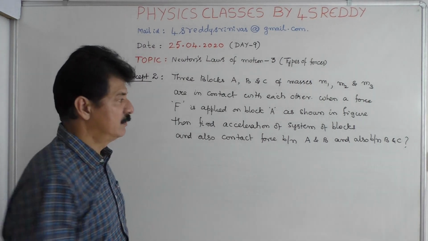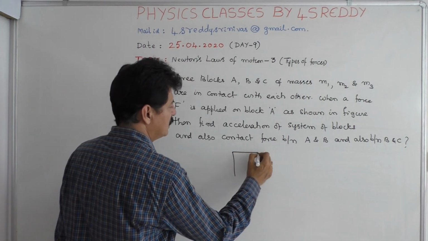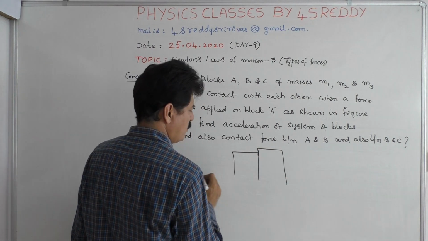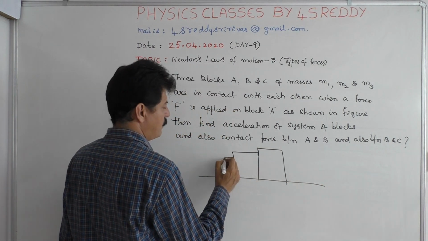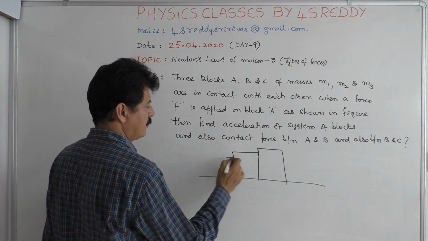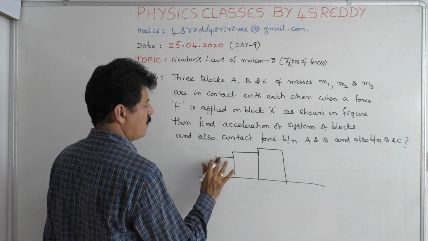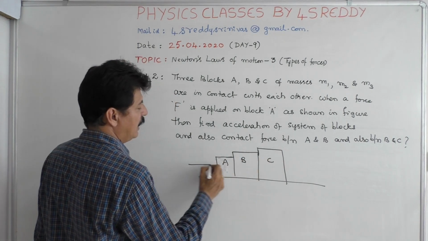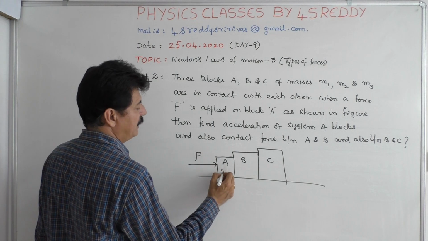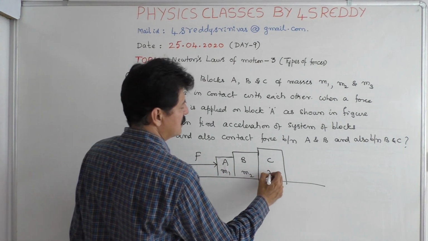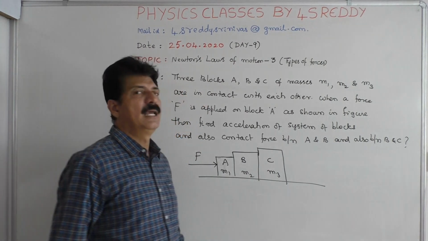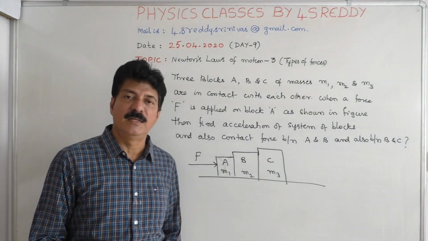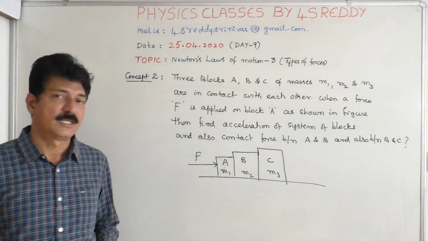This is what you are given, and these are the 3 blocks. This is A, this is B, this is C, and a force capital F is applied here. This is M1, this is M2, and this is M3. These are the system of 3 blocks that are experiencing the force.